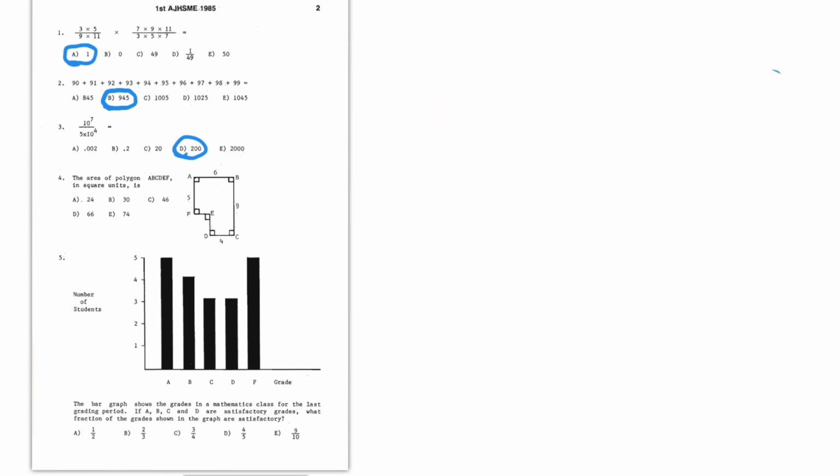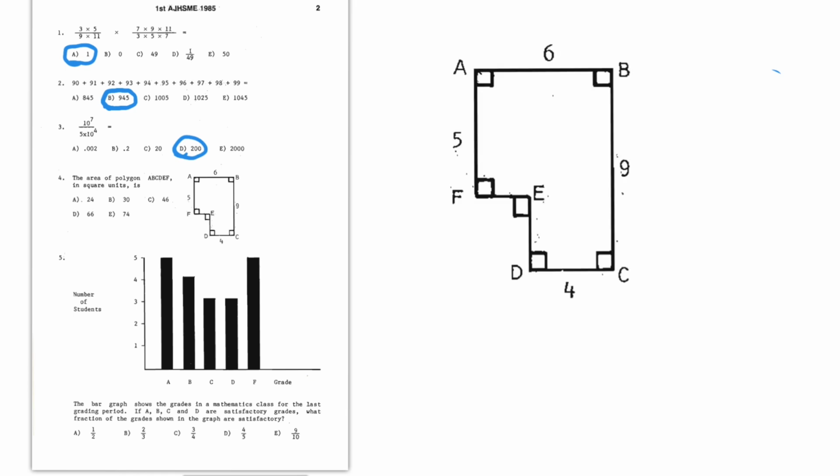Number 4. The area of polygon ABCDEF in square units is, let's copy this figure. Now, extend FE to BC. The top is a rectangle. Area is 5 times 6.